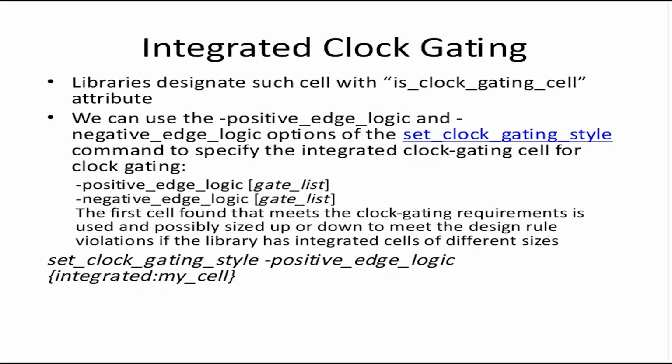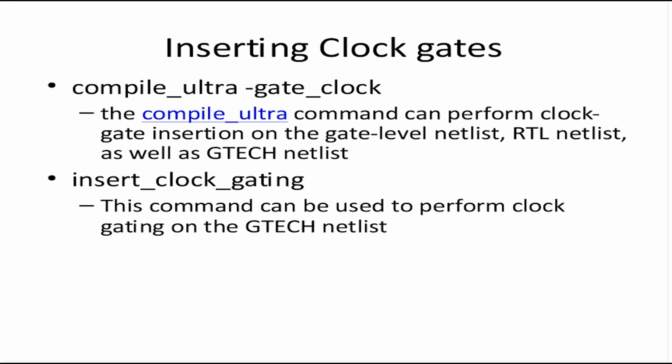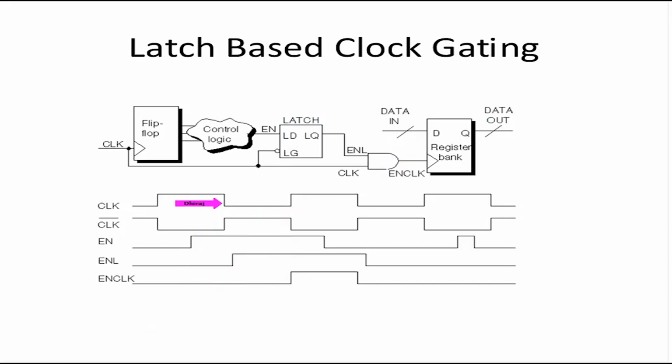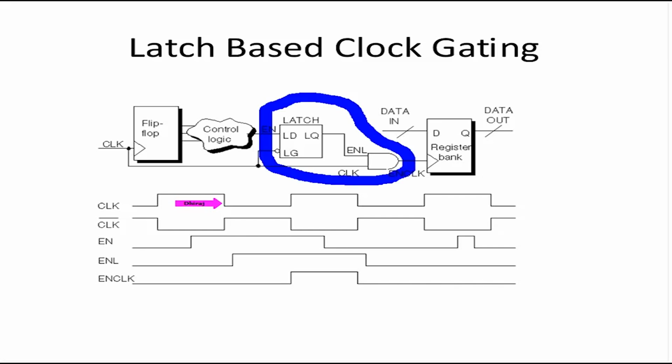Now let's talk about integrated clock gating. This is the most popular form of clock gating. We have discussed clock gating, but now almost all technology library vendors create one standard cell out of this latch plus AND gate.